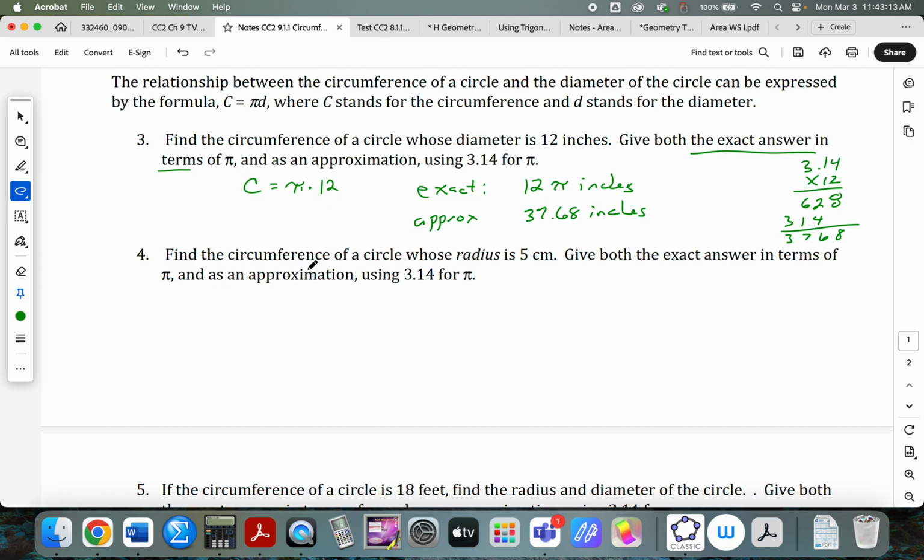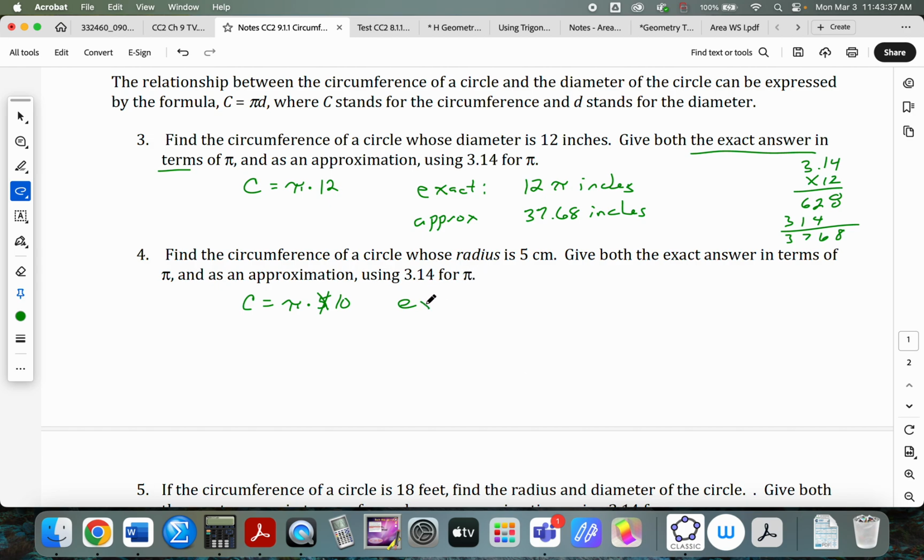All right, on this next one, find the circumference of a circle whose radius is 5 centimeters. Well, the circumference is going to be pi times 5. So the exact, oh, but is it? It's going to be pi times 10. Why? Because 5 is halfway across the circle. The radius is half of the diameter.